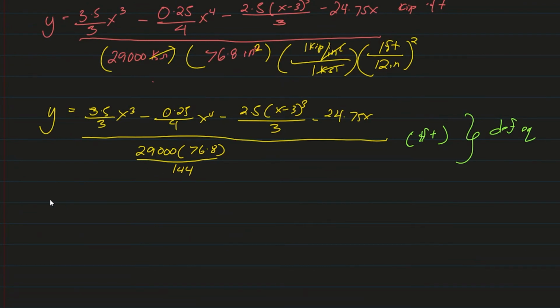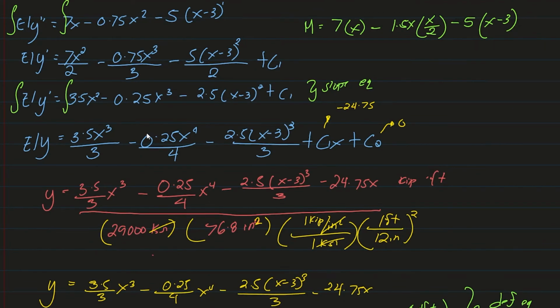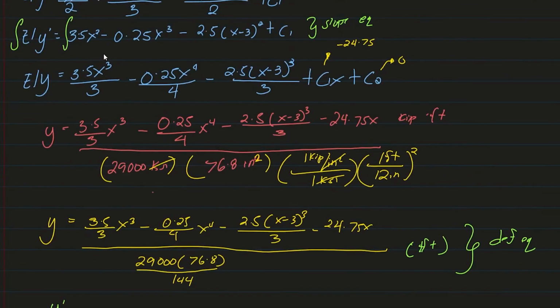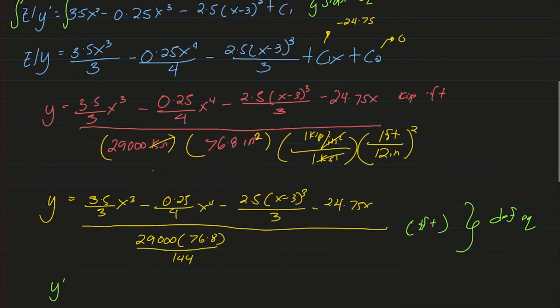For the slope equation, y prime, ililipat ko lang siya sa baba, magiging 3.5, wait, para makopya ko siya, yan, y prime is equal to 3.5 x squared minus 0.25 x cubed minus 2.5 times x minus 3 squared plus C1.